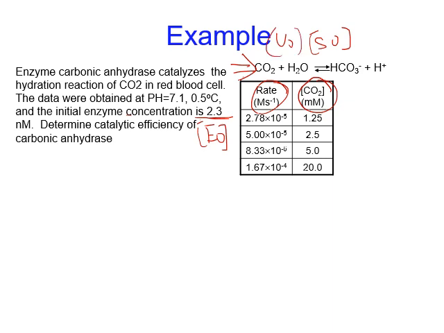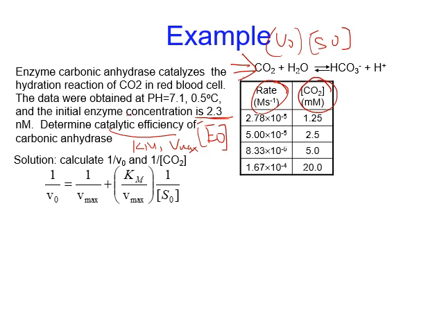We want to find the catalytic efficiency. So we need to first find the Michaelis constant and the Vmx. To do that, we use the equation we derived in the last slide, and we need to plot 1 over V0 against 1 over S0.